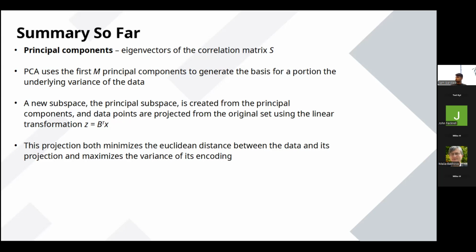Did anyone have any questions regarding this? So why are we maximizing variance? I thought we want to minimize variance. That's a good question. Why are we maximizing variance instead of minimizing variance? If you were to minimize variance, the spread of the data in a projection, you'd probably get it down to a point.